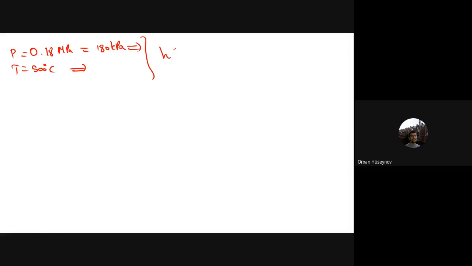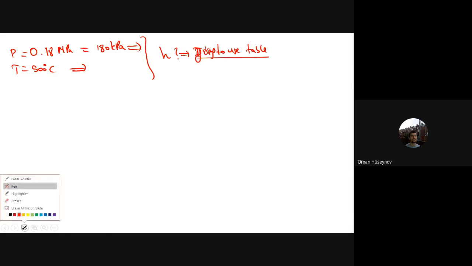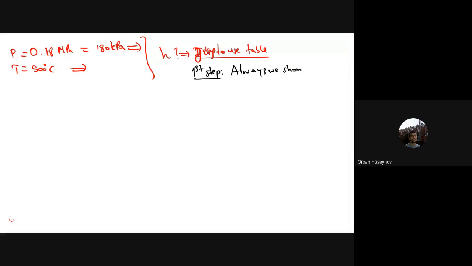To find any property, I'm going to use a table. To use any table, you should know the first step. The first step is to always look for the saturated region.